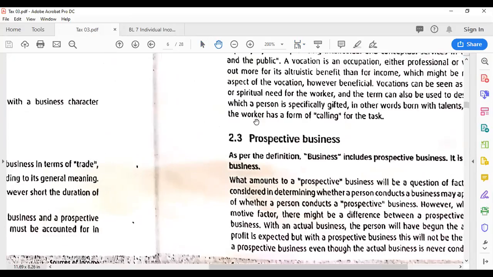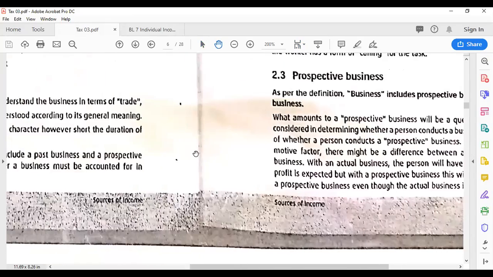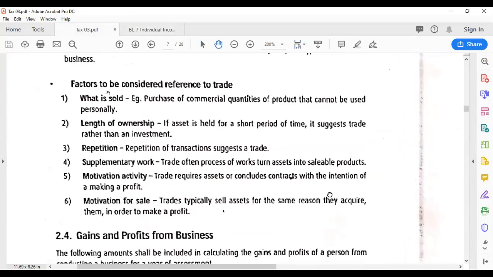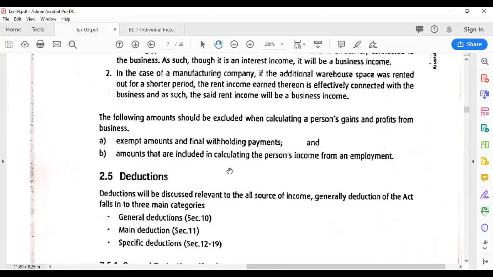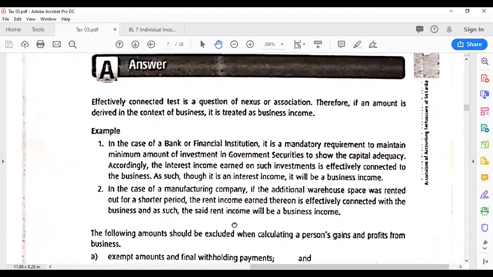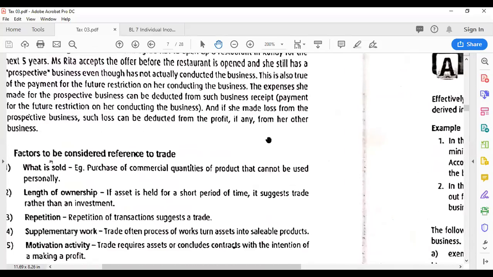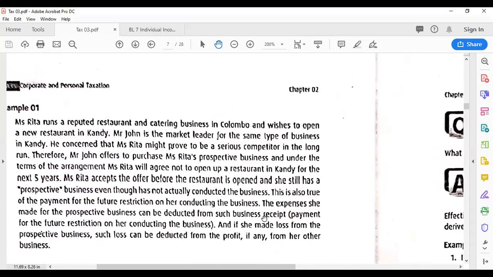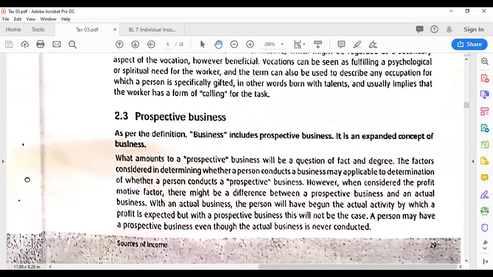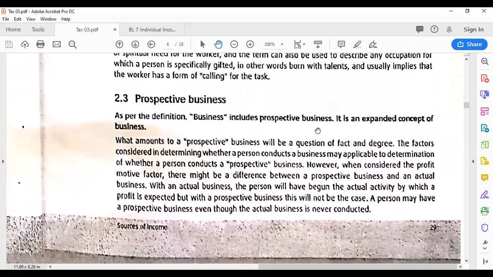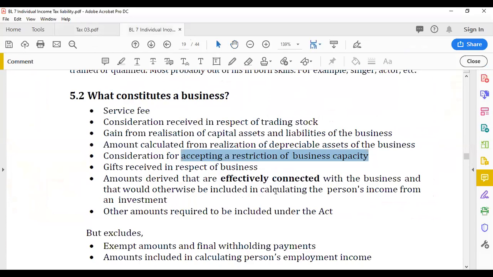Business income. Right. Restriction. Say you are running a restaurant in your area, say Colombo area, right?